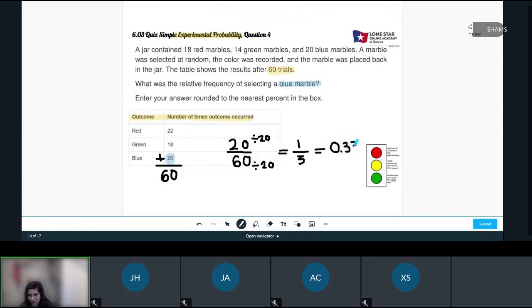So we can just do 33 and an ongoing mark, right? But as a percent, you need the nearest whole percent. You will say 33%. You will not say the ongoing, you will just say 33%. As a percent, 0.333 ongoing is just 33%.